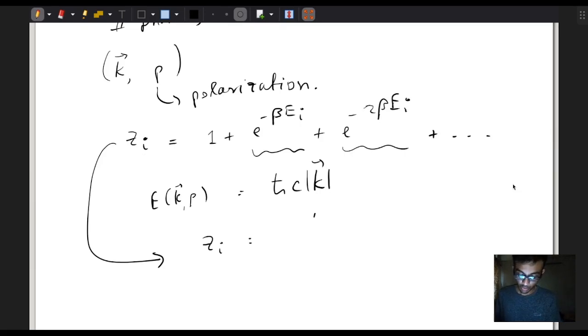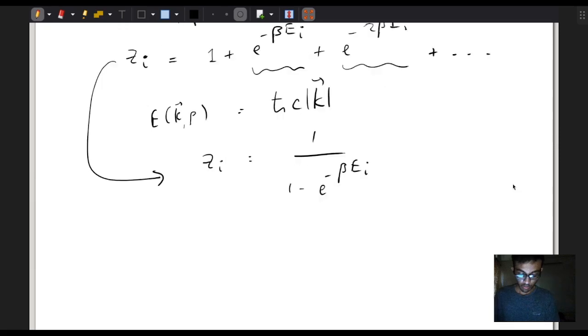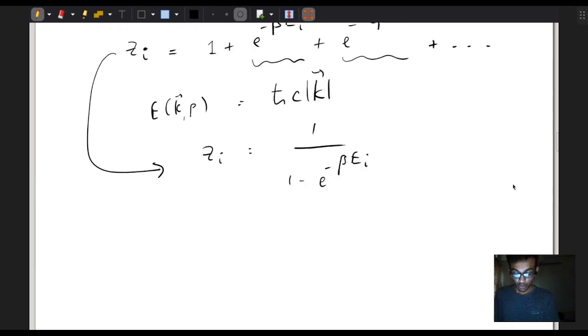So the partition function would be this, and we want to calculate the partition function of the full system. Since these are independent single particle states, the partition function will just be a product over these partition functions.